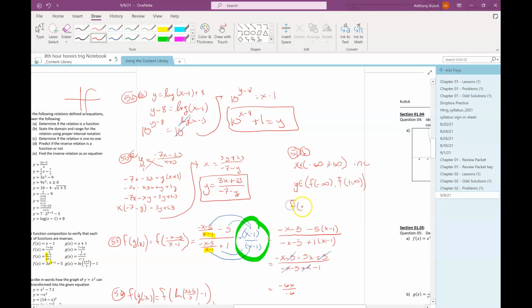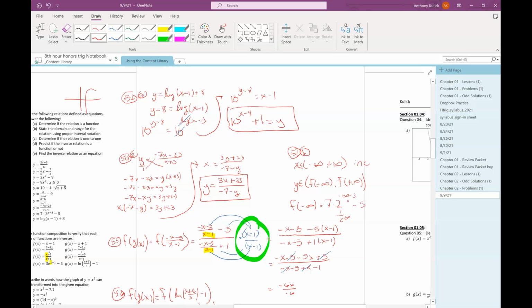When I do f of negative infinity, I have 7 times 2 to the negative infinity minus 3 minus 5. So this is really 2 to the negative infinity, right? Which is the same thing as 1 over 2 to the infinity. Remember, a negative exponent means a reciprocal.